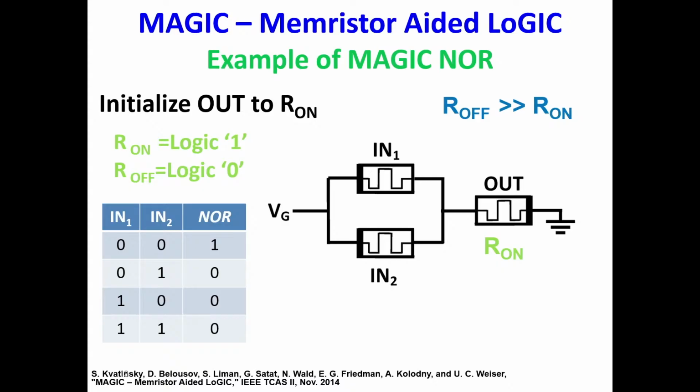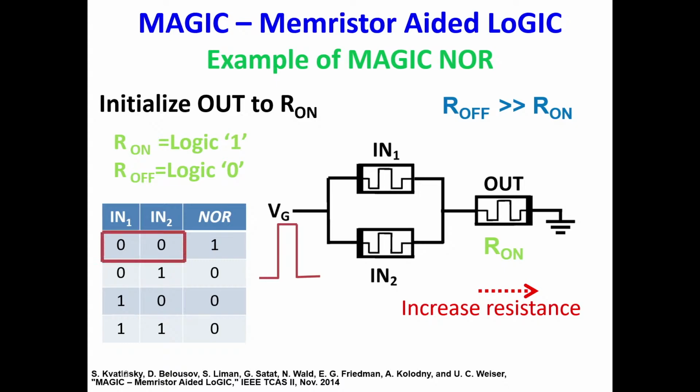Then we apply a positive voltage here, and we put ground here. So now current will flow from the positive voltage to the ground, and the value of the output depends on the values that were stored in the inputs. It's a voltage divider. The ratios of the resistors will determine the voltage across the output.